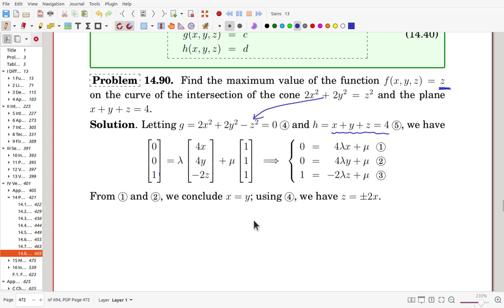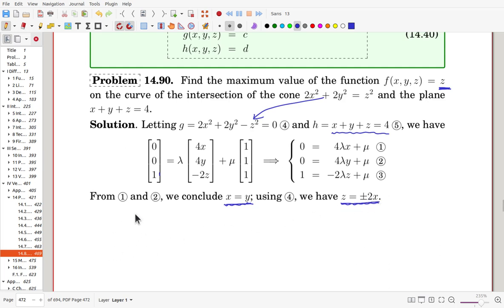From the first two equations, we can conclude x is y. Now, for the first constraint, once x is y, then 4y squared or 4x squared is the same as z squared. By solving that, we reach this: we already know x is y, and z is plus or minus 2x.